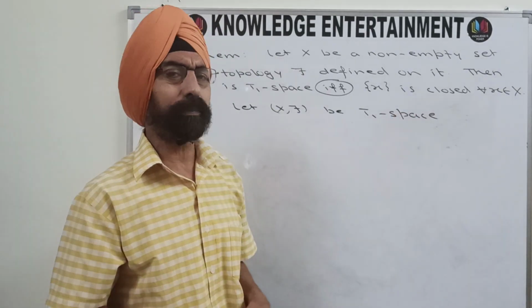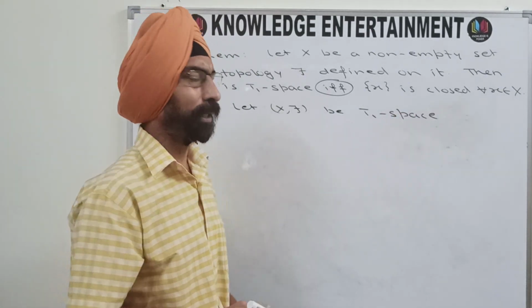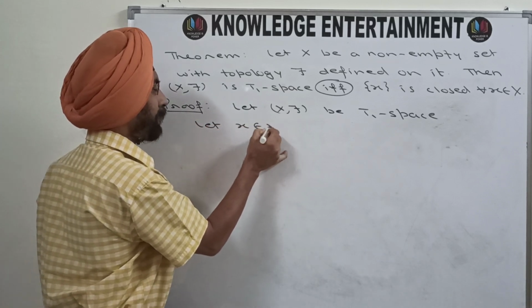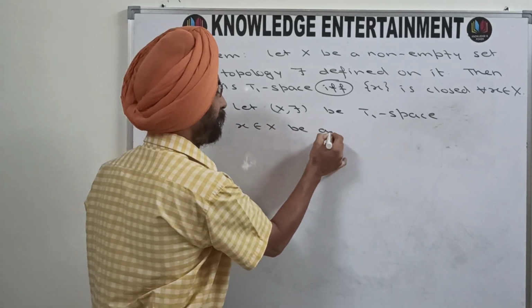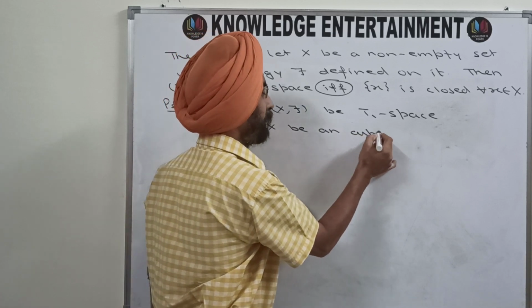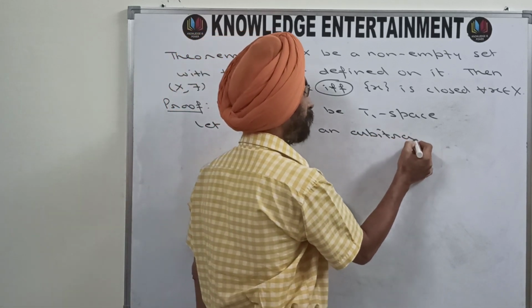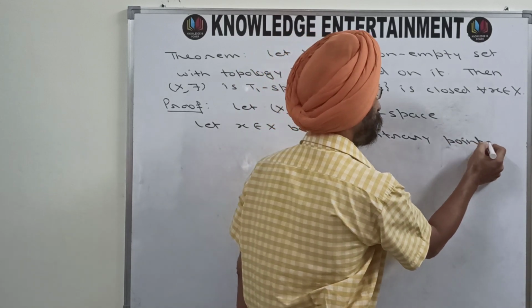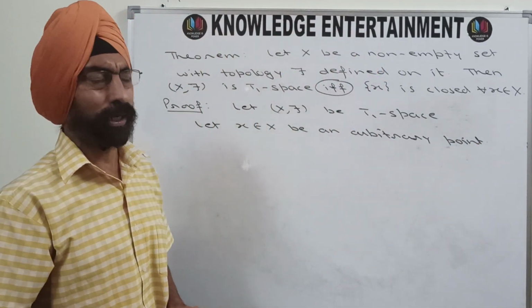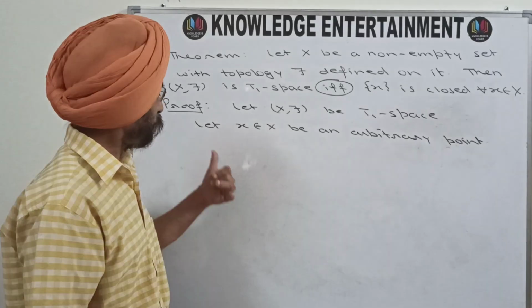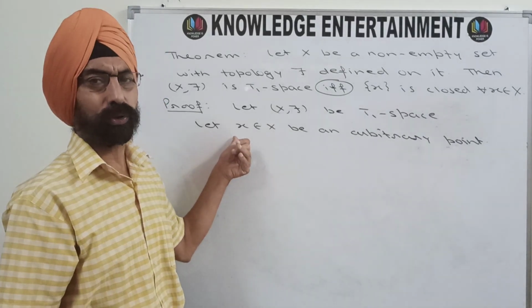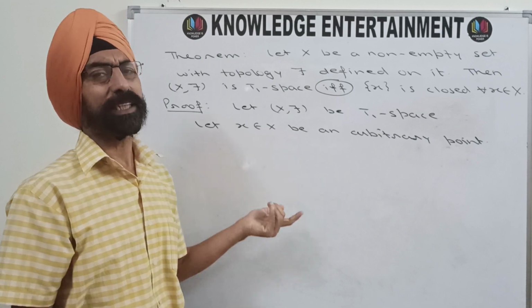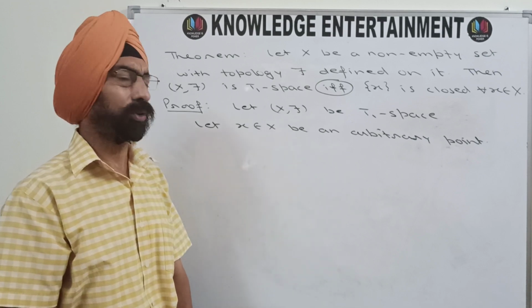We will take an arbitrary point small x from the capital X. Let small x from capital X be an arbitrary point. So we have taken an arbitrary point, and if we show that now the singleton set {x} is closed, since x is arbitrary, that means every singleton set {x} is closed.